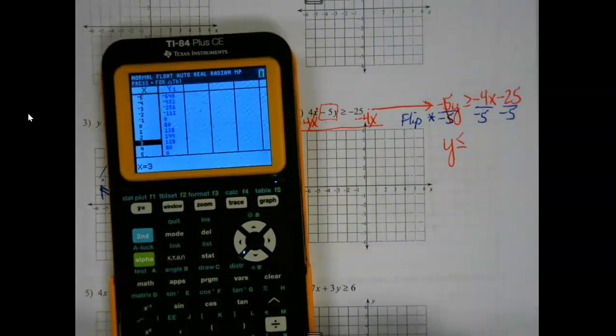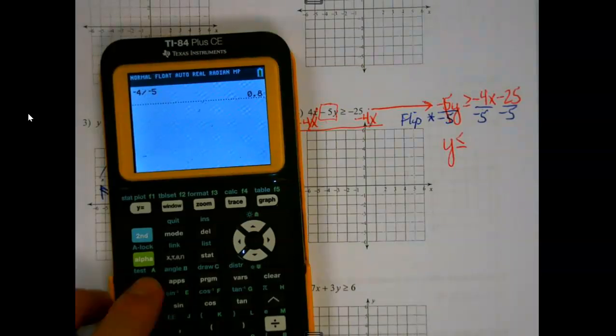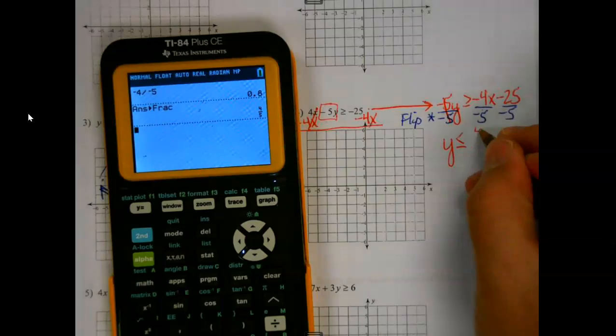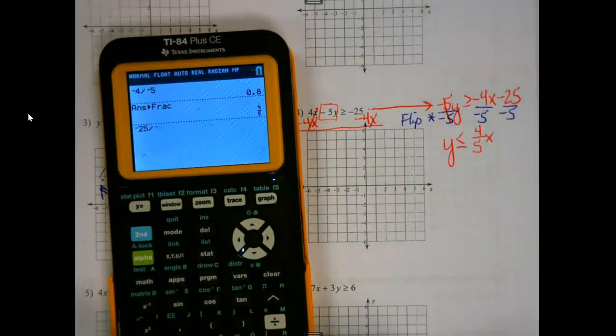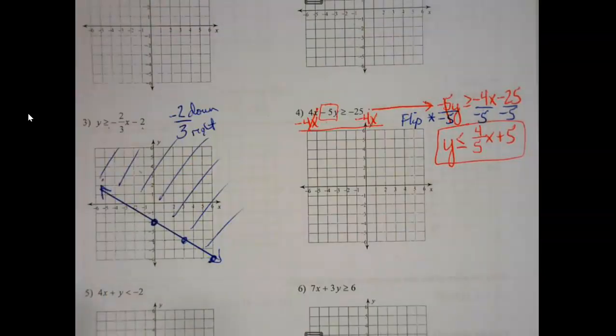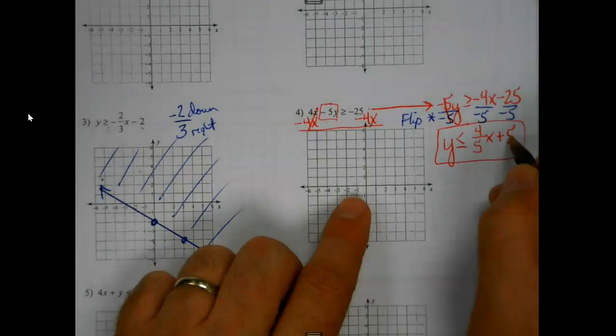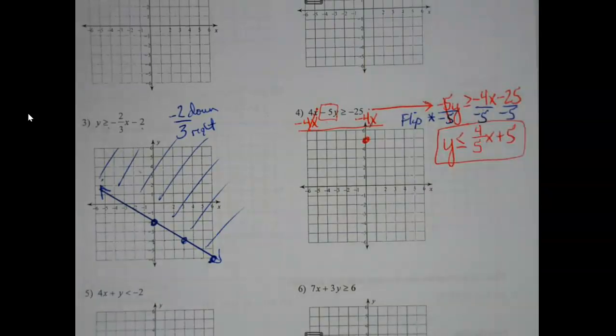And if I punch in my fraction, math and runner, fractions aren't bad at all. So y is by itself. There's my intercept. Now, a little bit different of an issue.